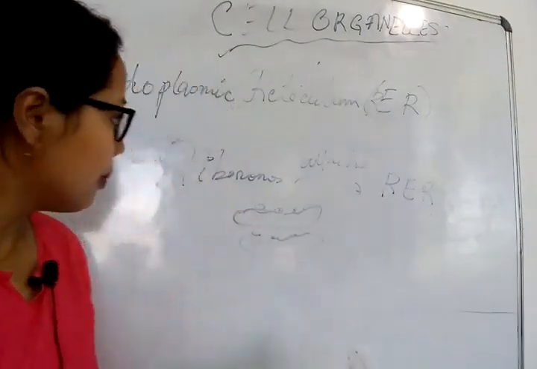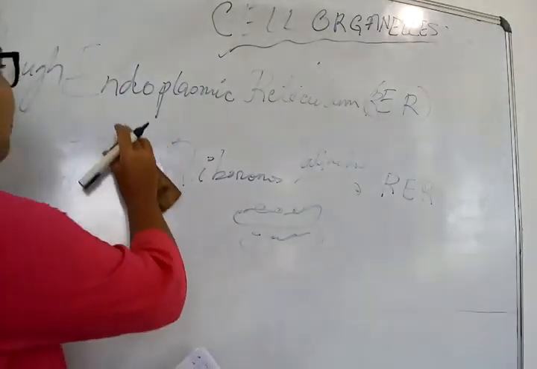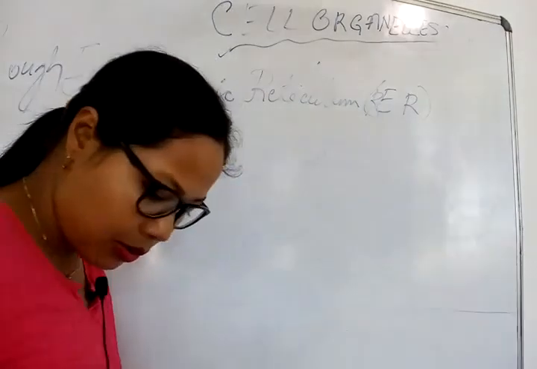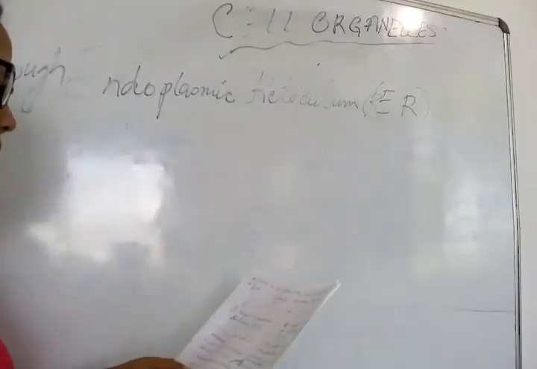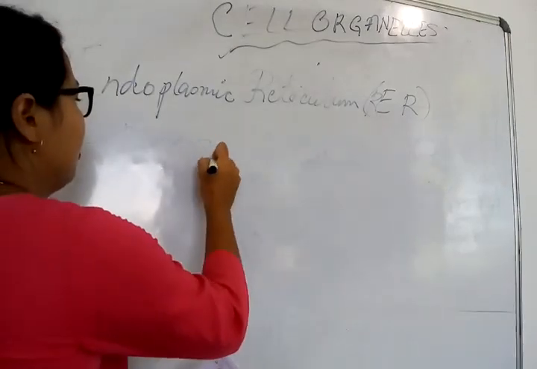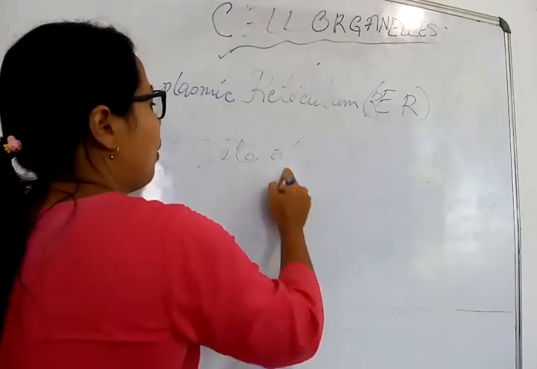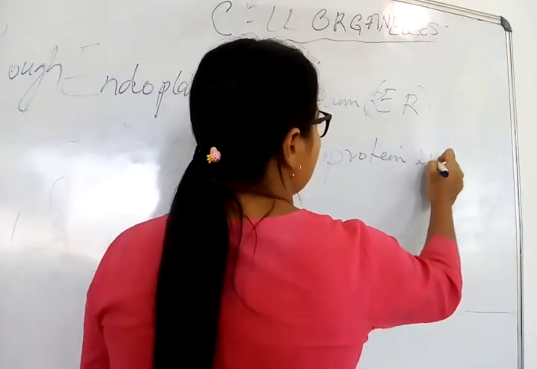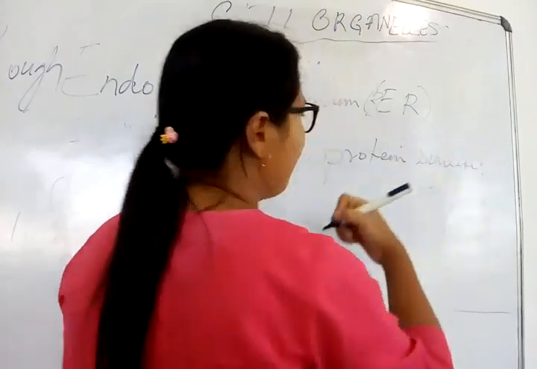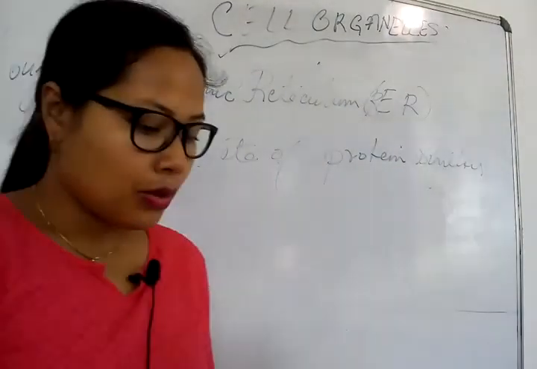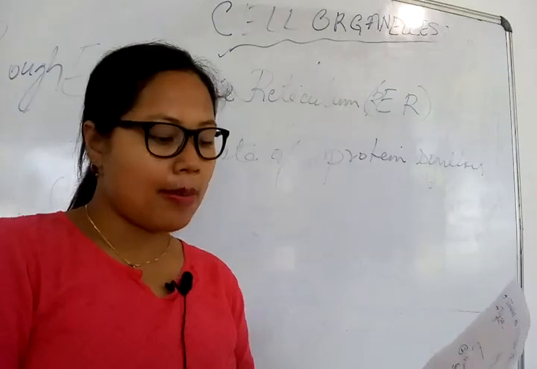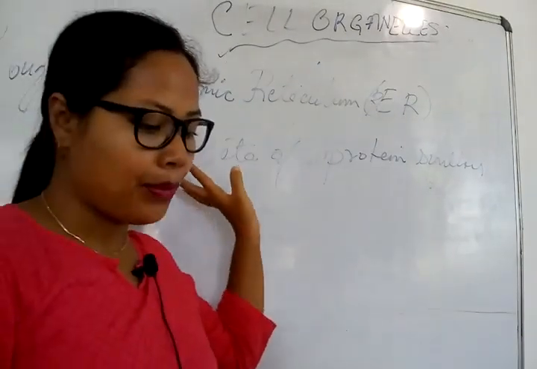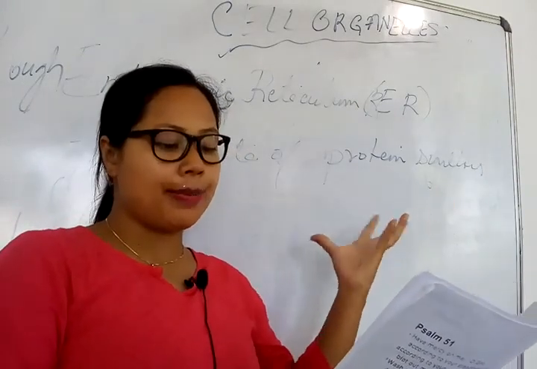Another important point here is that it is the site of protein synthesis. Alright, it is the site of protein synthesis. The proteins which are manufactured with the help of the endoplasmic reticulum are sent to various places in the cell.